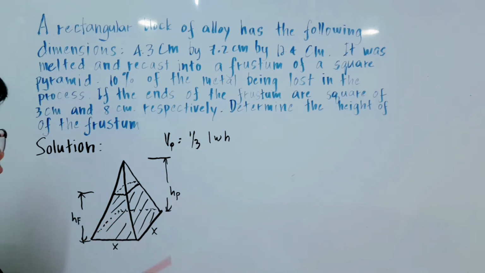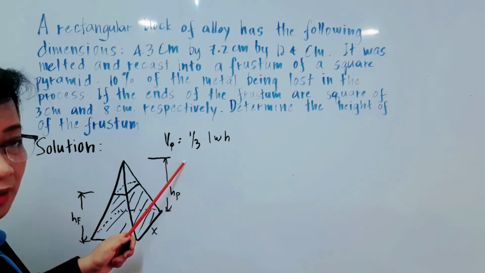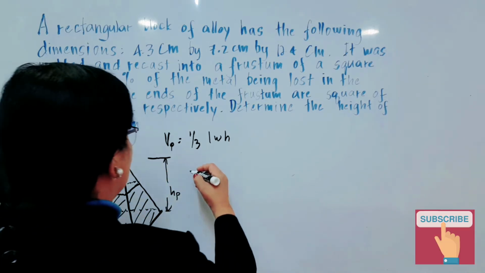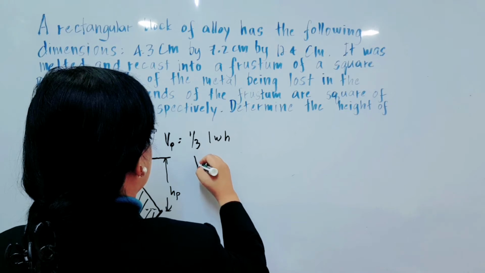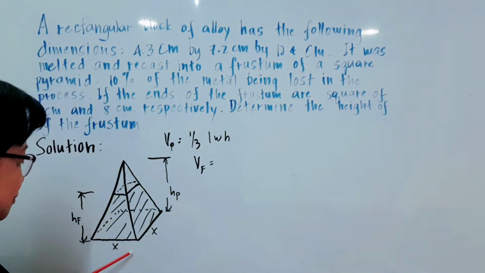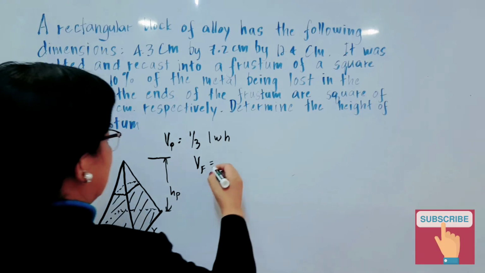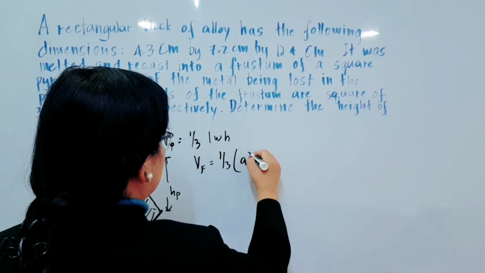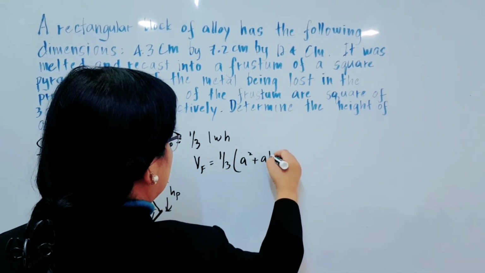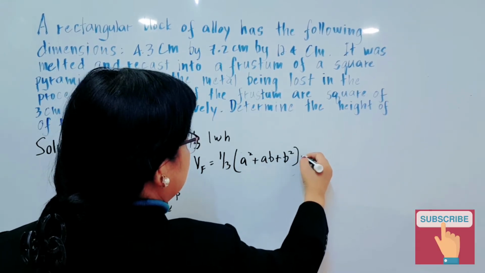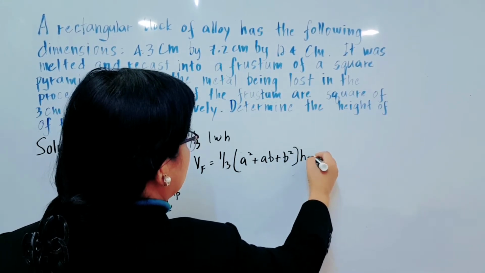Since we have the formula for the volume of the pyramid, there is also a formula for the volume of a frustum of a square pyramid, because this is a square: 1/3 times (A squared plus AB plus B squared) times the height of the frustum.